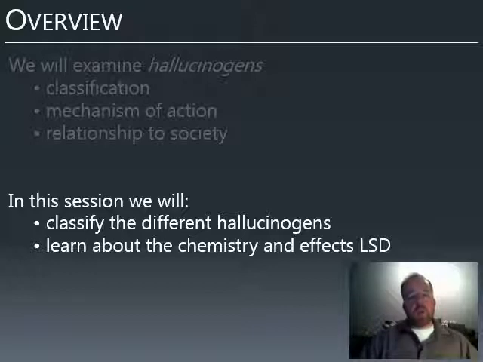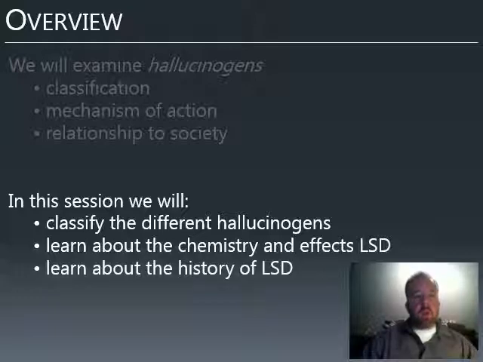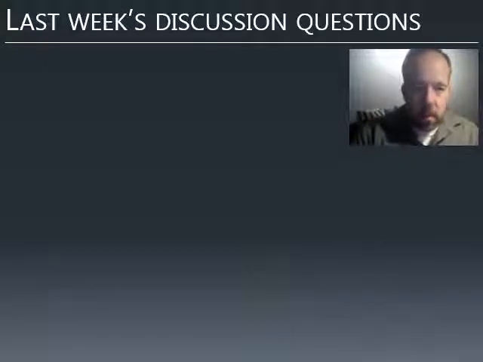And also it explains why hallucinogens, especially LSD, which we'll focus on today, why these drugs have the effects they do. It's not completely understood, as is the case for most drugs, but we do know a little bit, so we'll go over that. And then we'll go over the history of LSD. Now, LSD, despite being so famous, doesn't have that long a history because it's synthetic. So we'll go over that as well.